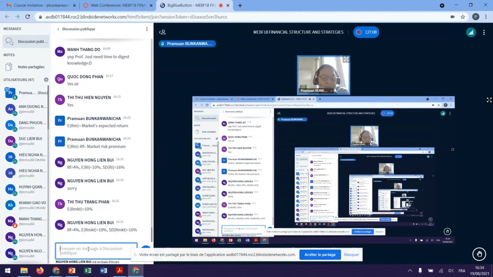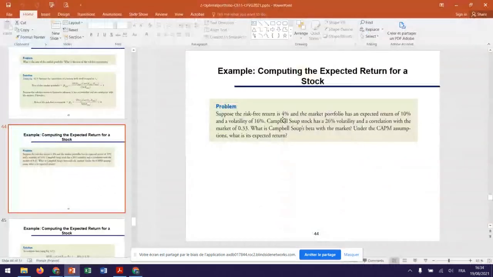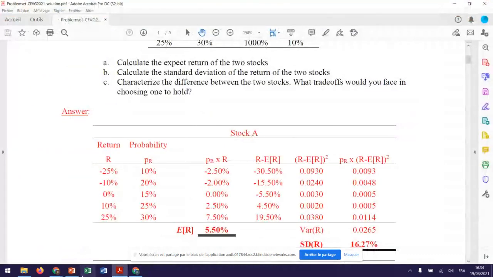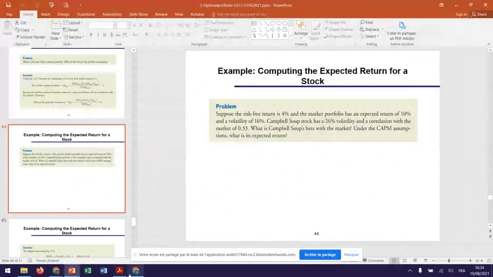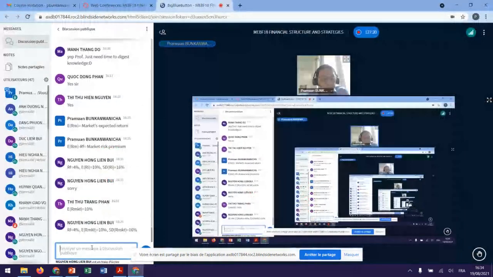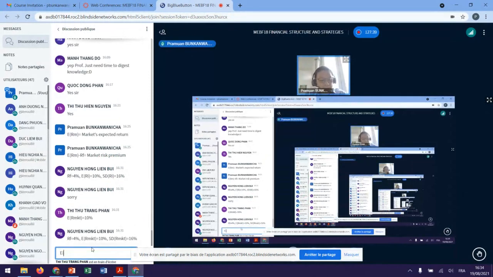Next, what are you going to write? Now you read the Campbell Soup. Let's take the Campbell Soup as the I. The Campbell Soup has 26% volatility. How are we going to write it?